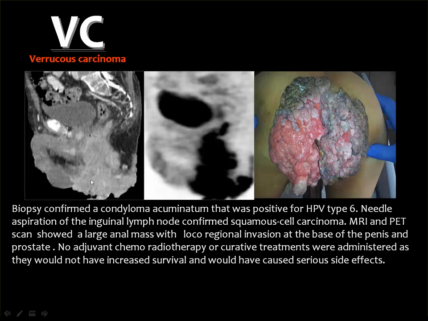And also you can see the extent of the tumor on the PET scan. Then, according to the literature, no adjuvant chemo or radiotherapy or curative treatment were administered, as they would not have increased the survival and would have caused serious side effects.